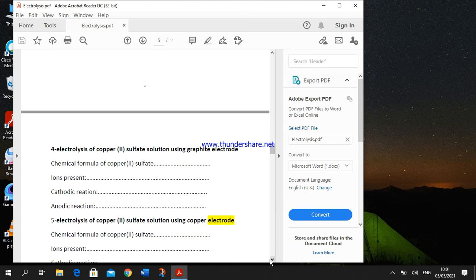According to the chemical activity series, copper is less active than hydrogen, so it will be discharged at the cathode. That means it gets 2 electrons from the cathode, because the cathode is covered with electrons, and it changes from copper positive ions into pure copper that accumulates around the cathode electrode.